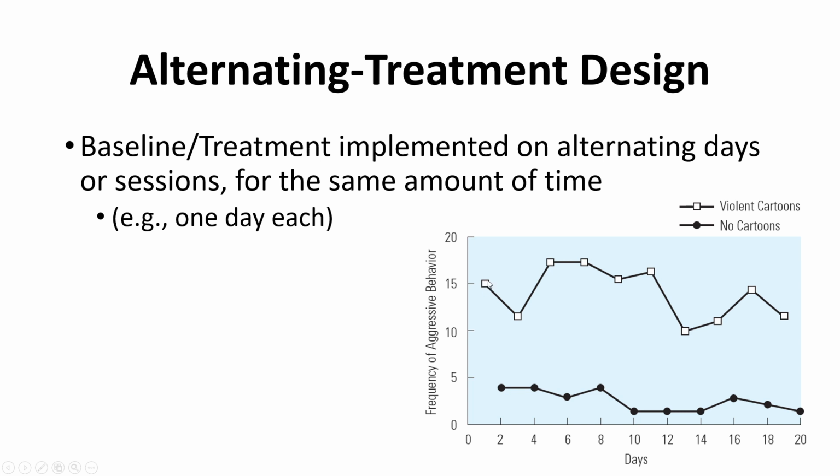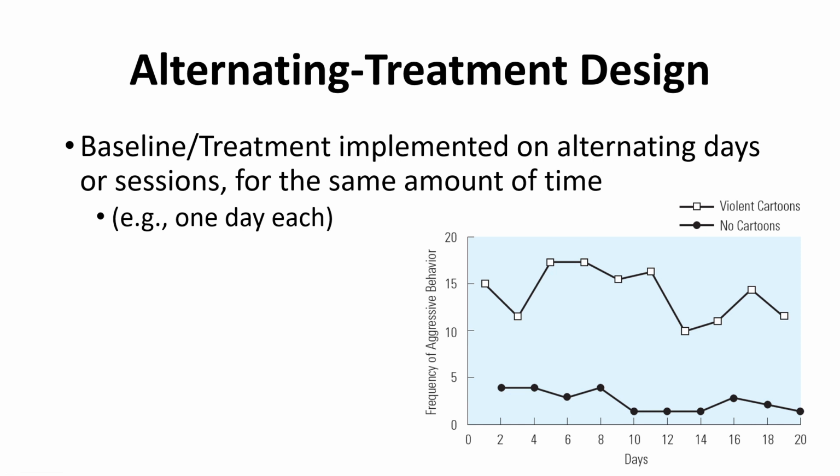So when they watch violent cartoons, their behavior is aggressive. On the days that they don't watch it, it's non-aggressive, and back and forth and back and forth. This is kind of like a long-term version of the ABAB, but just repeated a whole bunch of times. So we call it alternating treatment because we have our baseline and our treatment implemented on alternating days or alternating sessions.